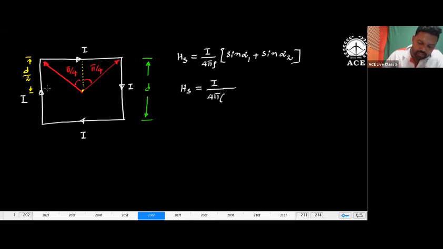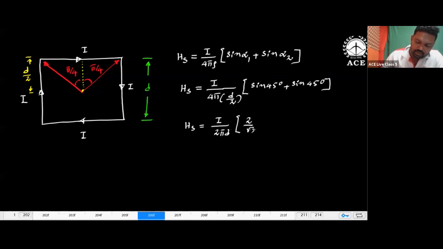The perpendicular distance is D by 2. Sine alpha 1 is sine 45 degrees plus sine 45 degrees. So Hs is equal to I by 2 pi D into 2 by root 2. So here it is I by root 2 pi D, beta.